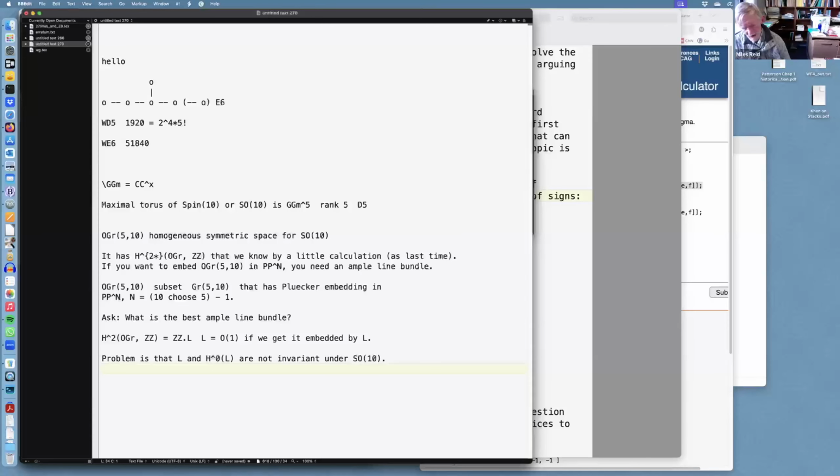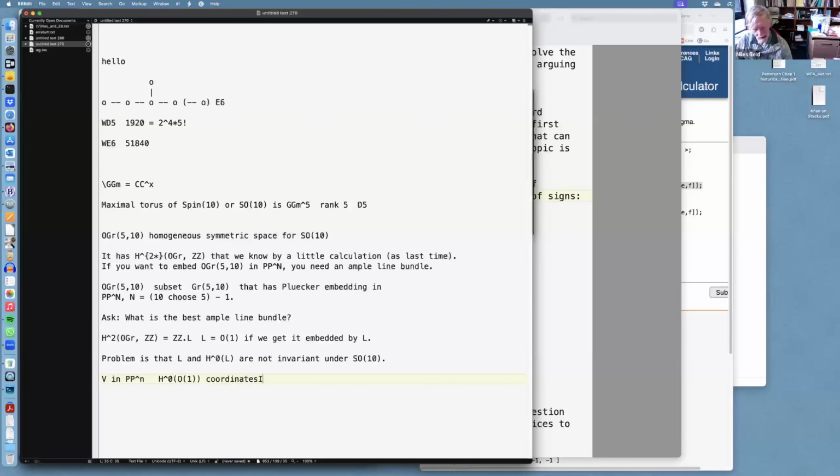So you know, if you've got a group acting on a projective variety, so if I've got V in Pn, I have H naught of O of 1, coordinates, so homogeneous coordinates on Pn.